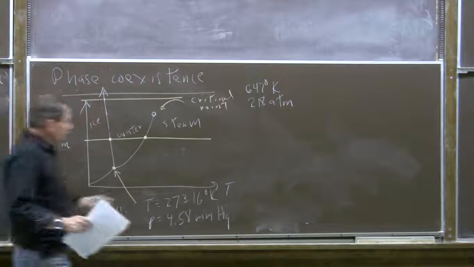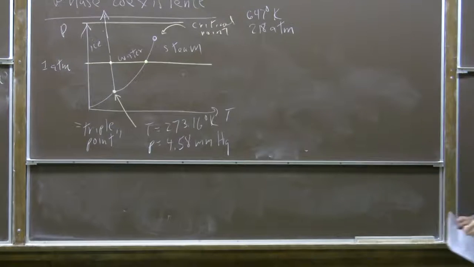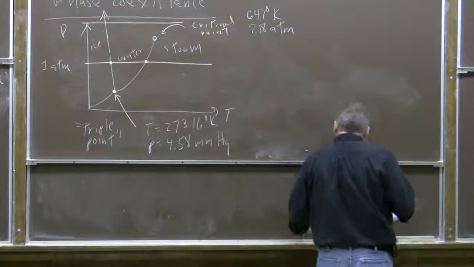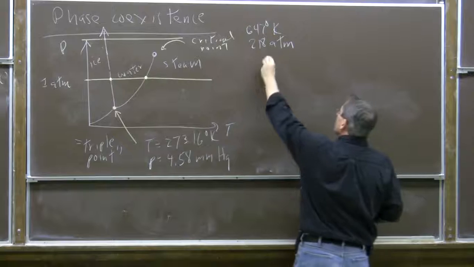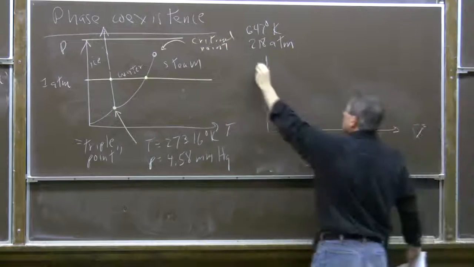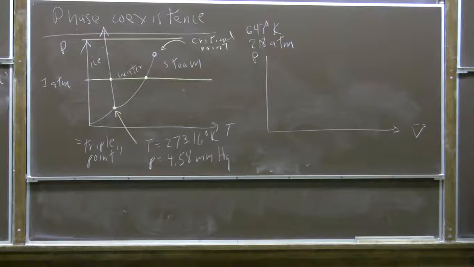Okay. Now, it's also useful to think about phase transitions in a somewhat different way, just by plotting things differently. And that is, I can consider the pressure-volume plane and draw isotherms in it, describing how the pressure changes as we reduce the volume at a fixed temperature.